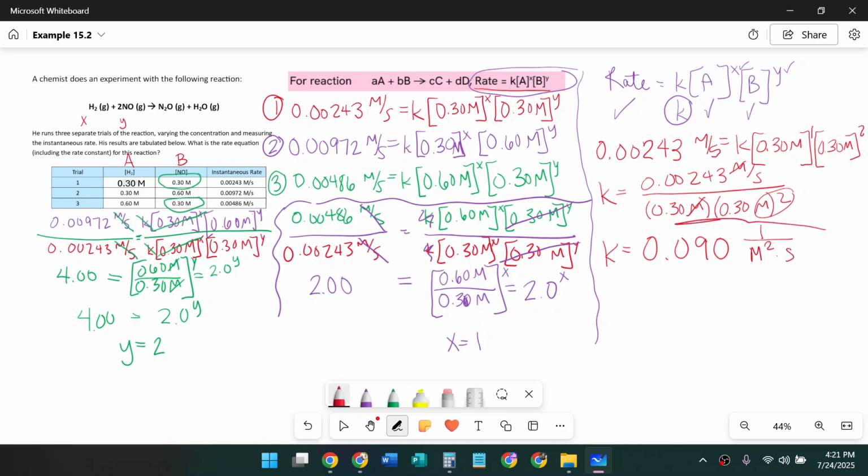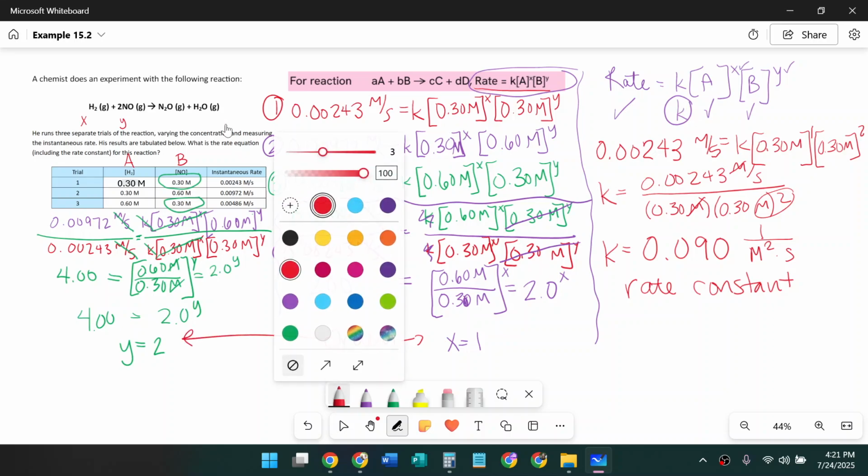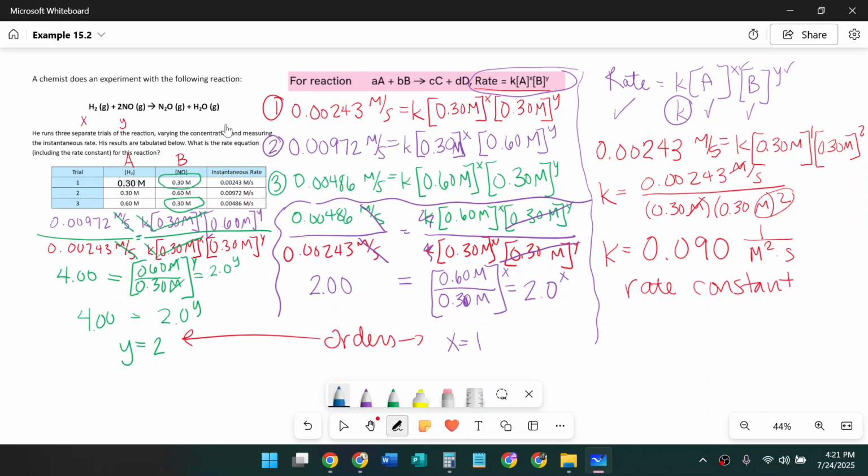So that's our unit. I was about to circle that, but actually let me not, because what they actually asked for was the rate equation, including the rate constant. This is our rate constant. That's what the k is. So now we can actually build the rate equation. We have the rate constant, and we have the orders for x and for y. All right, let's pick a totally different color so it doesn't conflict with anything else.